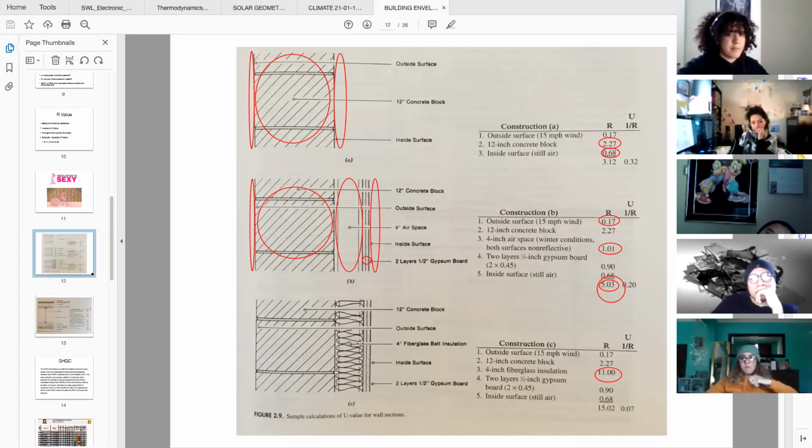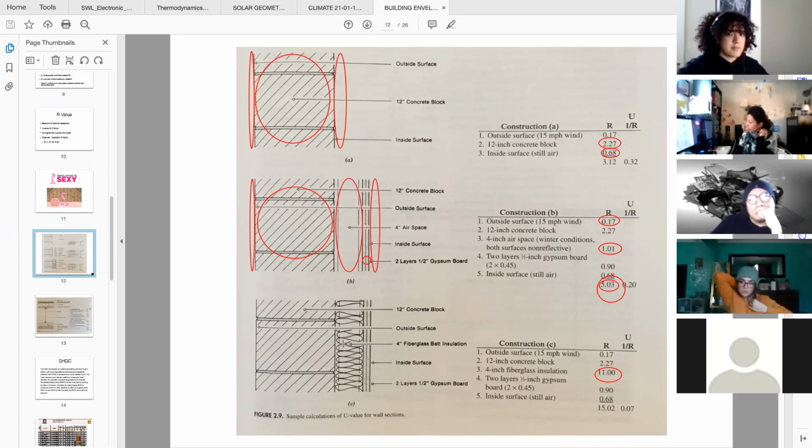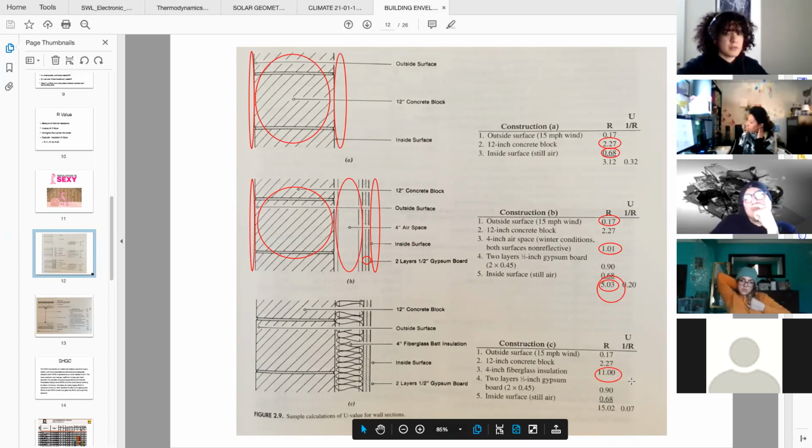That is the resistance value for a typical 2x4 stud with fiberglass batt insulation. The key thing here is to notice how much resistance this is adding to this overall construction.